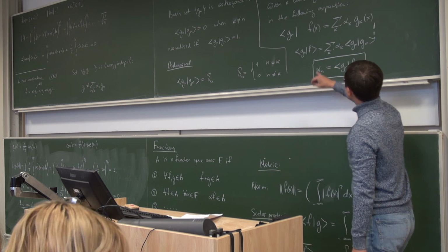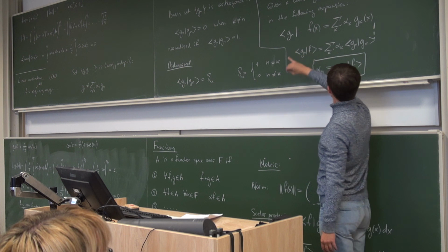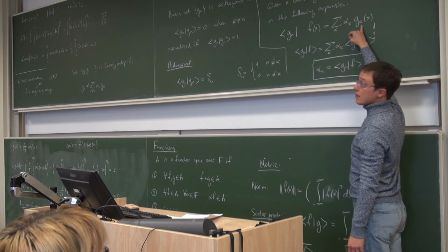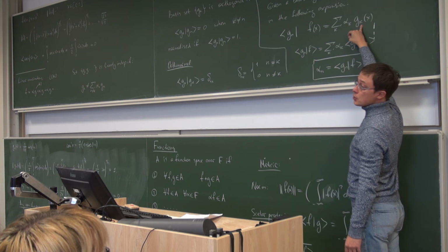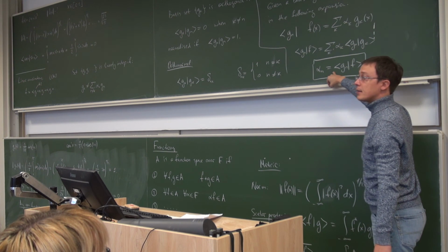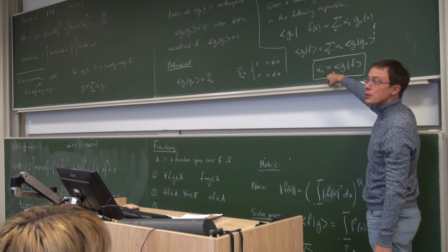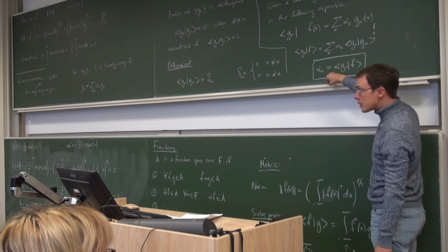If you were expanding a vector f as a linear combination of some orthogonal and normalized vectors g, you would have been taking these scalar products, and you in fact were taking them in your workshops.